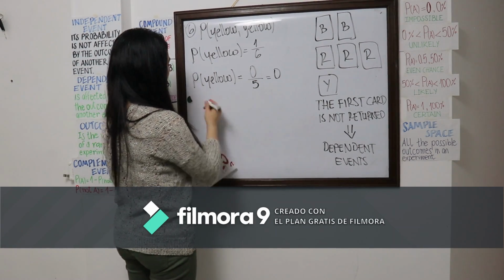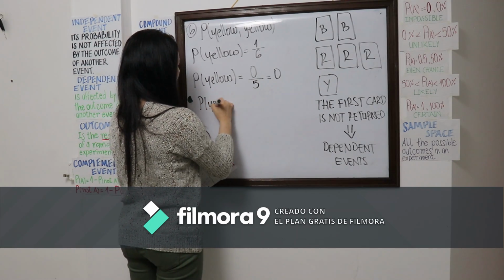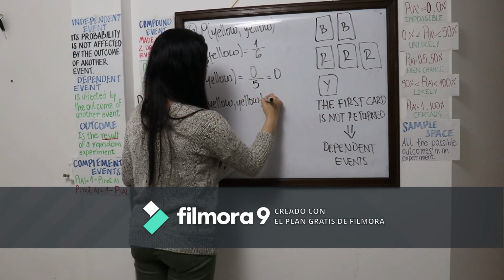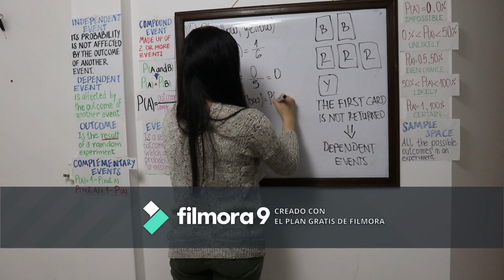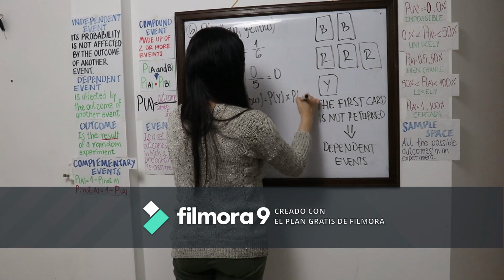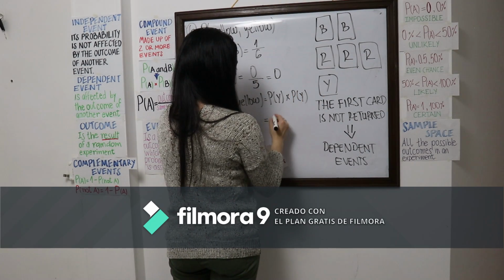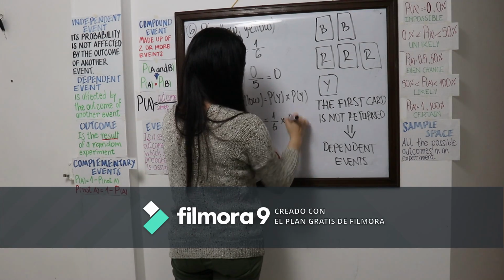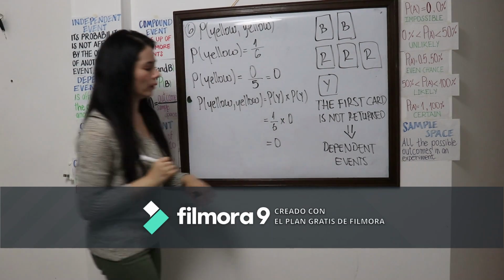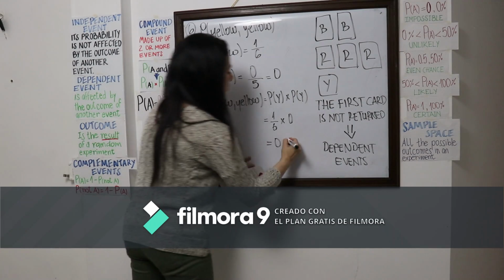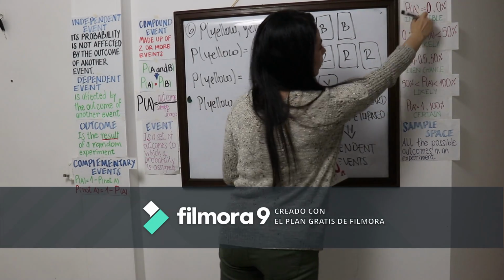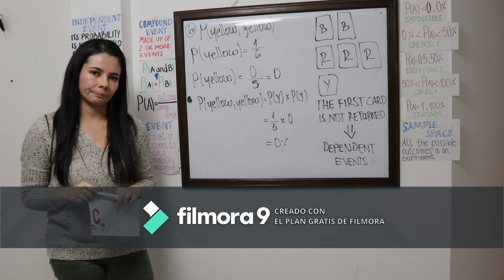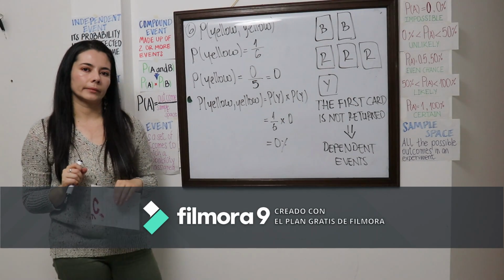So, of course, the probability of getting yellow and yellow, I'm going to do it just because I want to show you, but I know you already know what I'm going to say, right? Well, it's going to be 1/6 times 0. And you and I know that is, of course, 0%. So it's an impossible event. We get an impossible event here. So keep that in mind, all right?